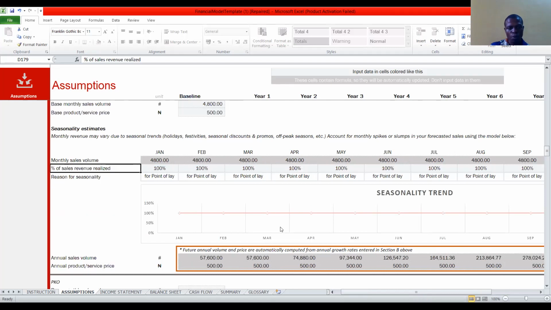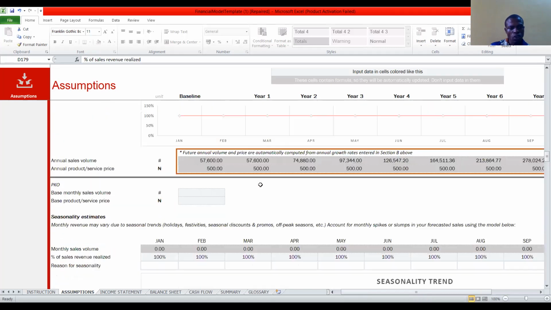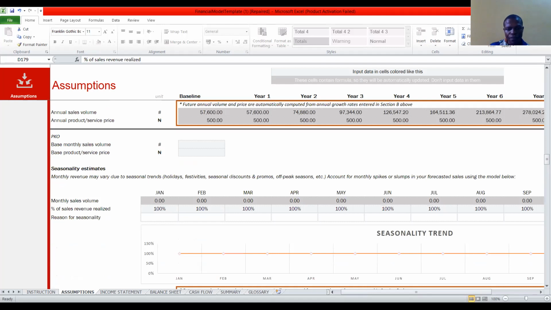Fantastic. So we are making progress. So we move to the next item, palm kernel oil. Palm kernel oil will be selling 2,400 liters per month at the rate of 1,500 naira per liter.